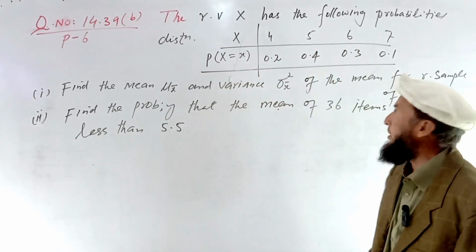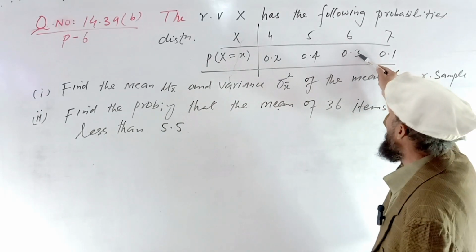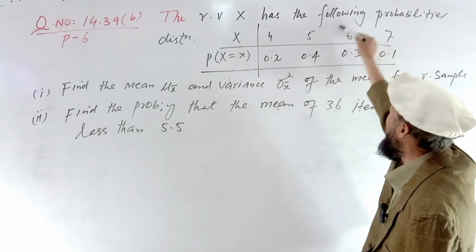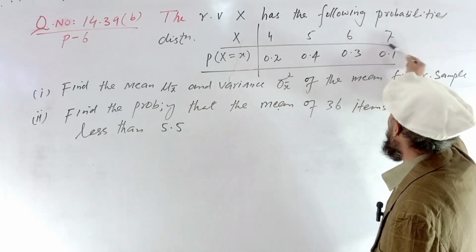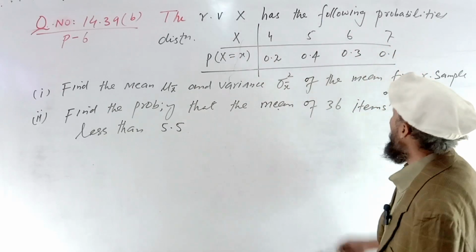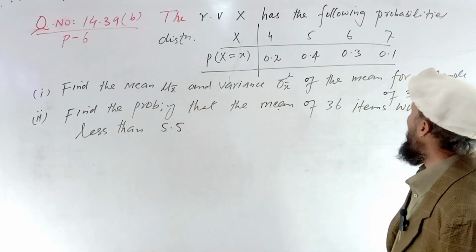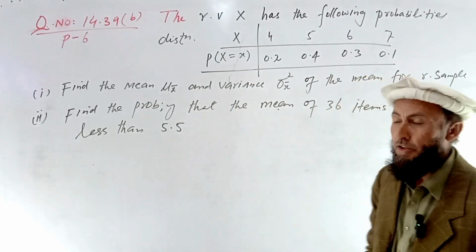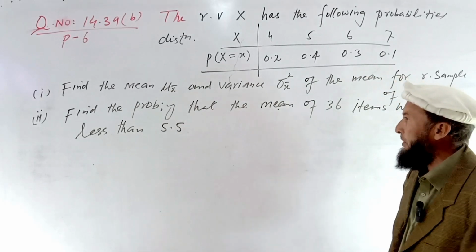Why is 5 repeated 4 times? Similarly, 3 divided by 10 means that 6 is repeated 3 times. Similarly, 1 divided by 10 means that 7 is repeated just 1 time.